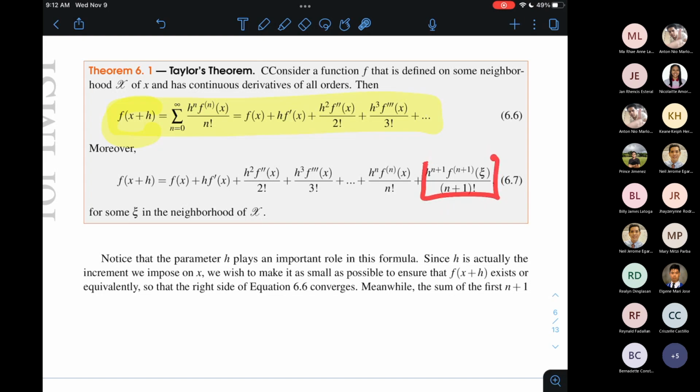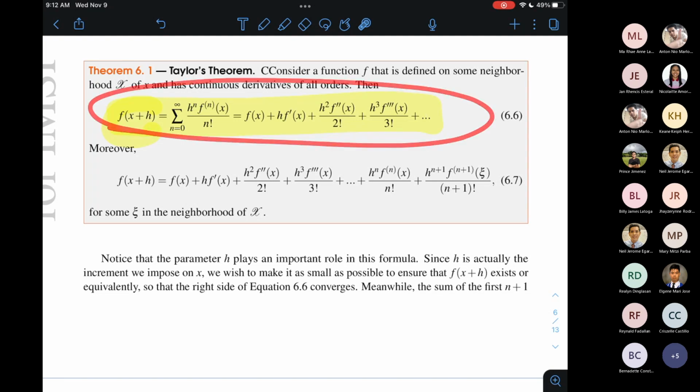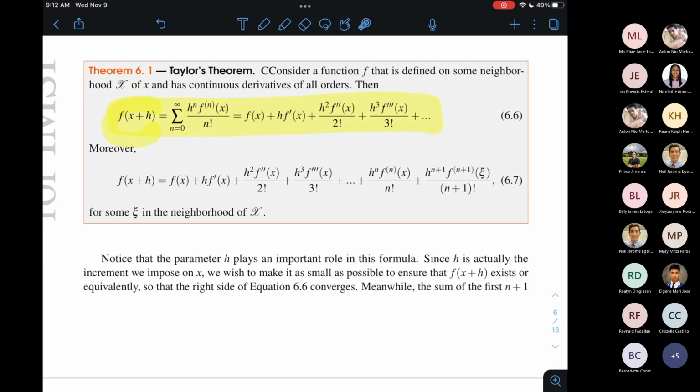So ito ay kamukhang-kamukha ng error term dun sa interpolation. All right? And I am laying down this foundation because we expect to do this manually, or we expect to have machines do the computations for us. Kaya hindi ko kayang i-feed sa computer yung buong Taylor series expansion. Kasi there would be infinitely many number of terms. Now, I can only afford to feed a finite number of terms in the computer.